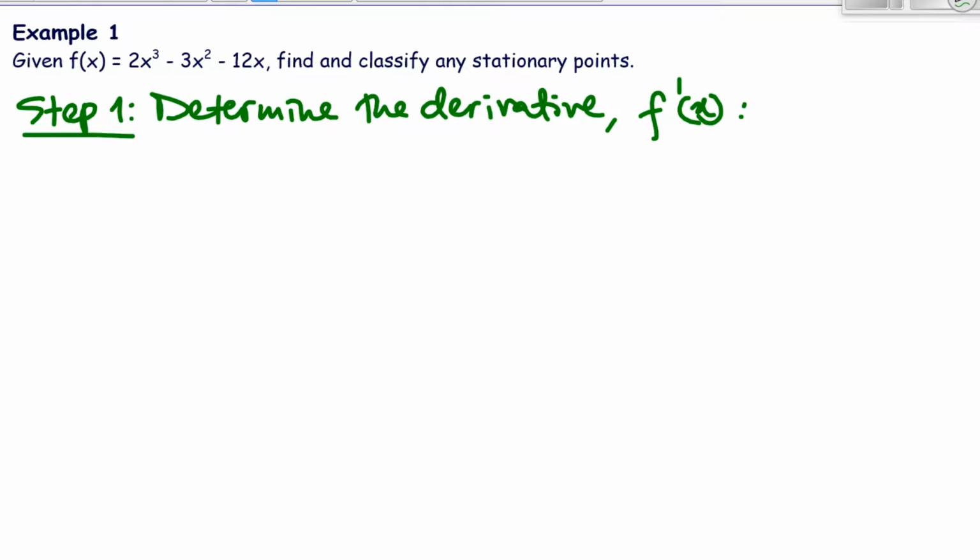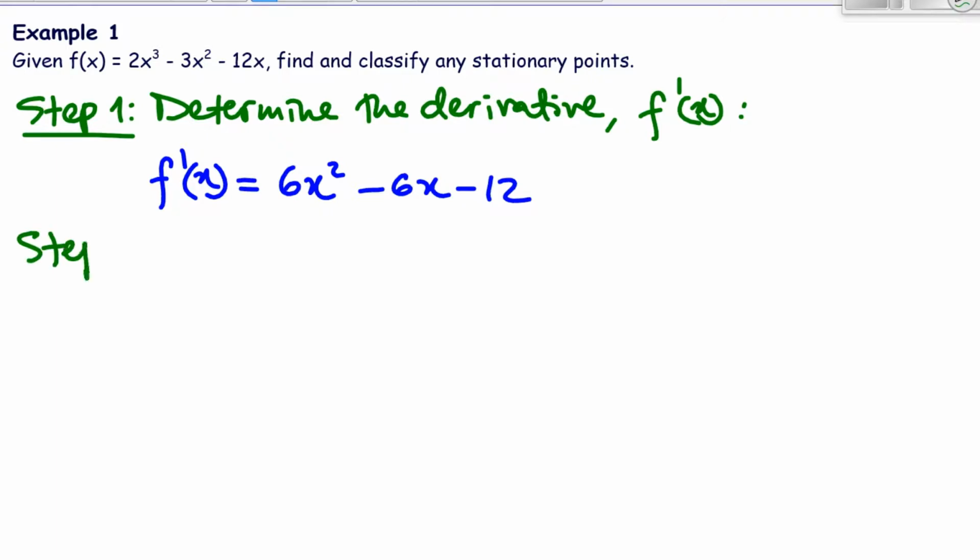Okay, so the first derivative is, and we had already calculated this previously, it's 6x squared minus 6x minus 12. And then step two is to find the critical points.